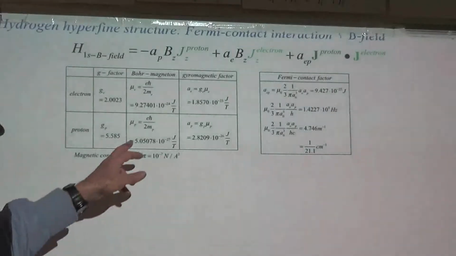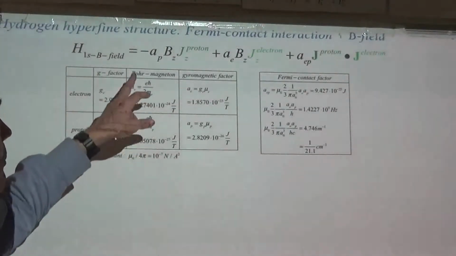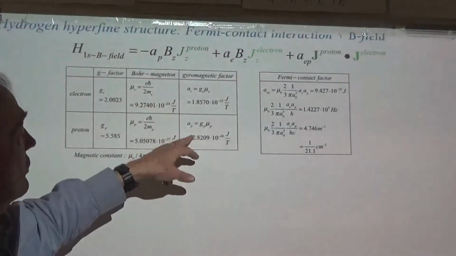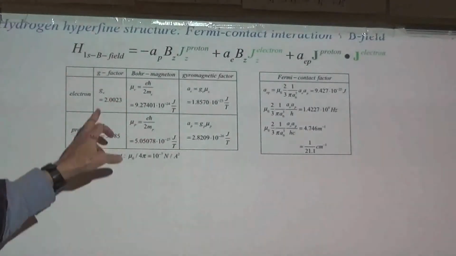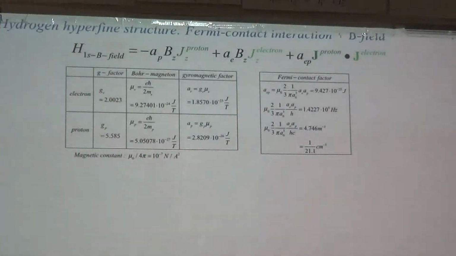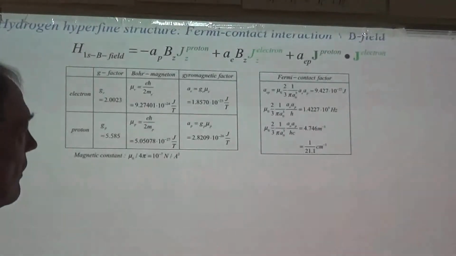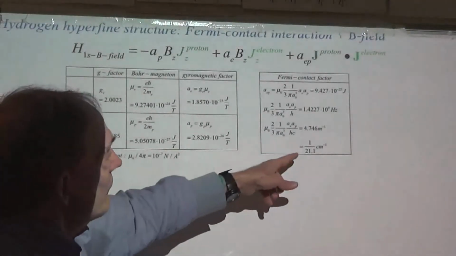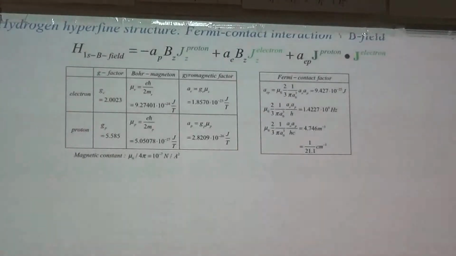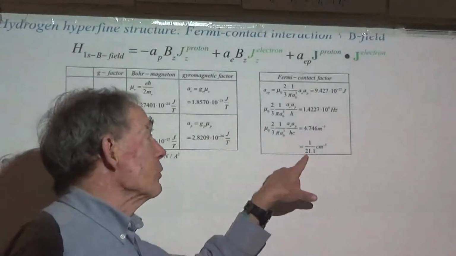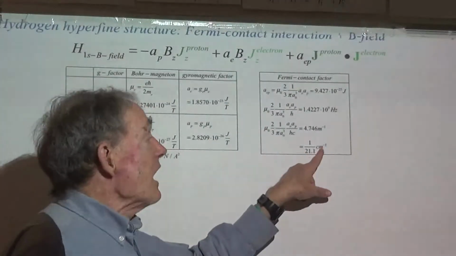But anyway, the important features of it, the Bohr magneton, the gyromagnetic ratio, all of that kind of stuff, eventually the G factor, the gyromagnetic coefficient, all of this that gives us the coefficient here, which is 1 over 21.1 Kaisers.